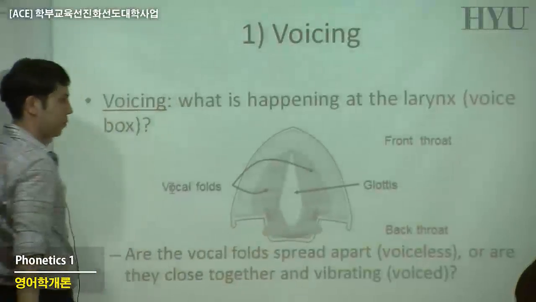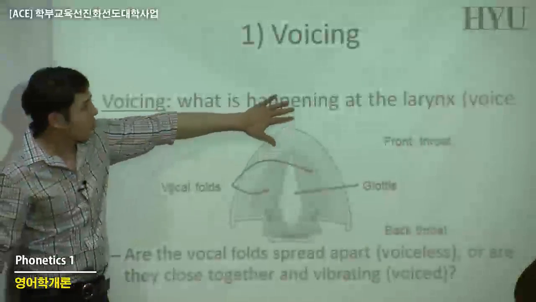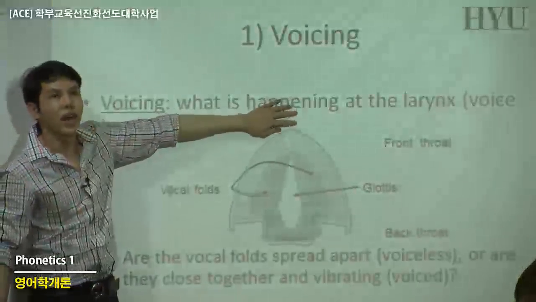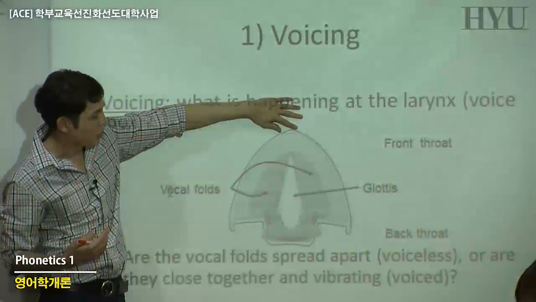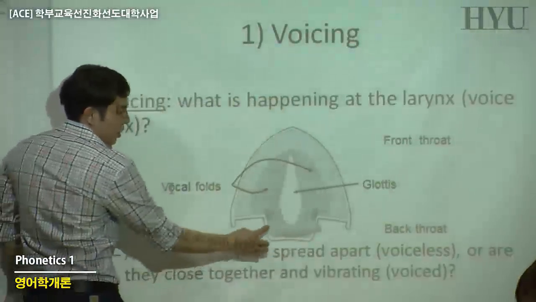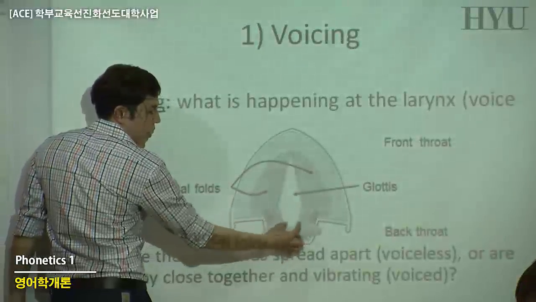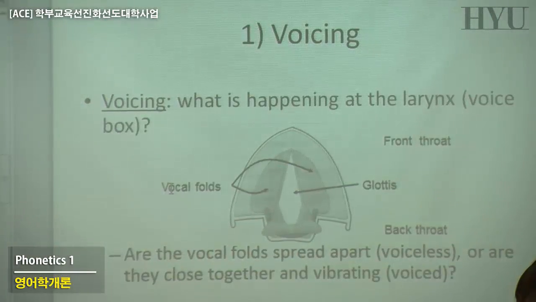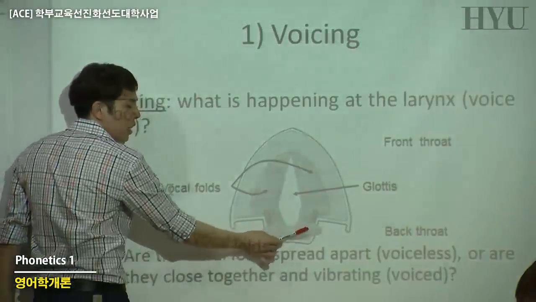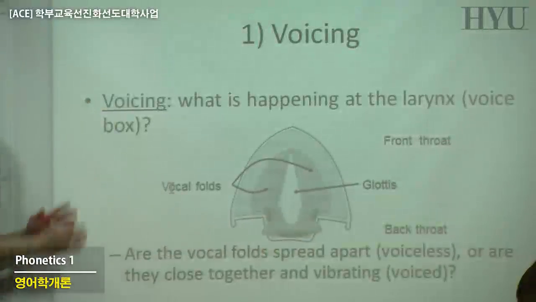The front throat is here, the front part. This is your Adam's apple, for men, and for women it's hard to see. This is the front part, this is the back part. These two triangles are arytenoid cartilages that can pull the vocal folds apart or close.